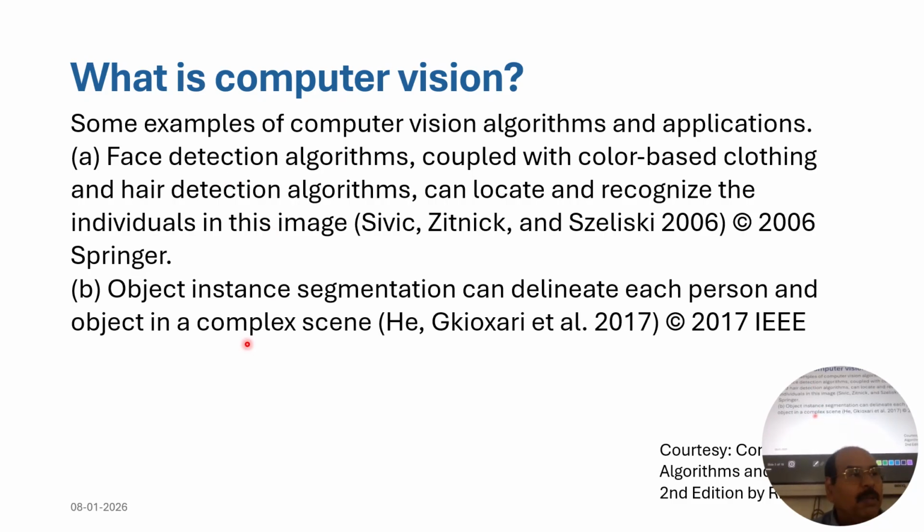Object instance segmentation. At the time of Operation Sindoor, you might have noticed that you received so many WhatsApp or other videos where a drone is flying and another drone is attacking this flying drone. It is capable of exactly catching this drone and spoiling its attack.